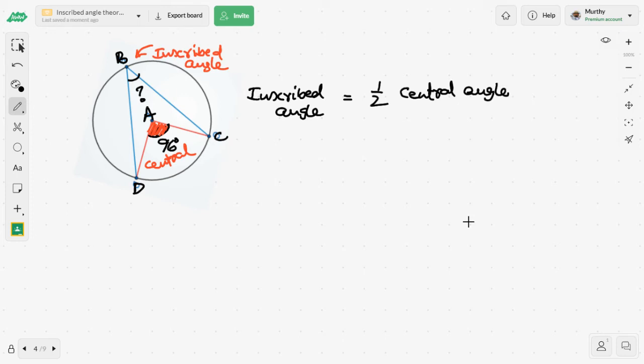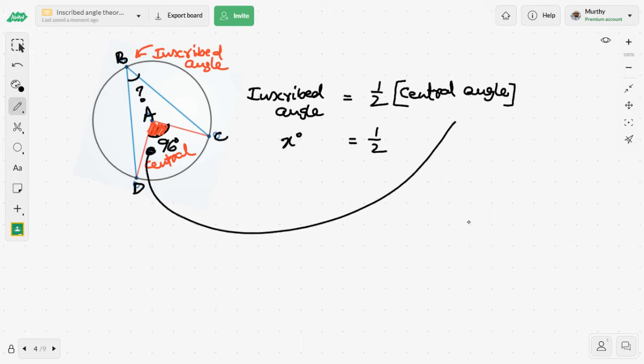In math, you have to remember two things. One is you have to understand the concepts, and the second is you have to remember the procedure. Here I don't know the measure of the inscribed angle, so let it be x degrees, and half of the central angle, which is 96 degrees.